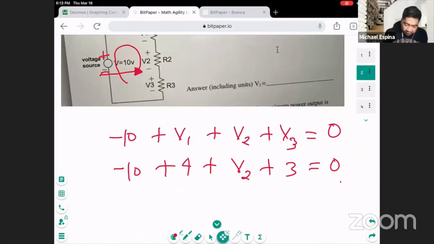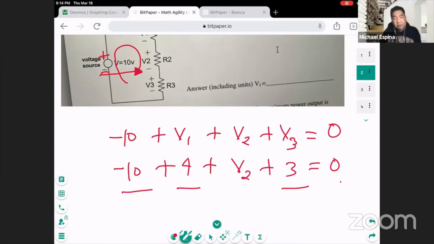Okay, so now we can add, similar to the first topic that we had, all variables to the left, all constants to the right. We will combine first like terms. So these are like terms here: negative 10 plus 4 plus 3.